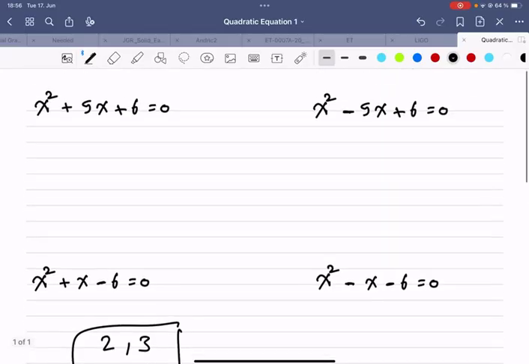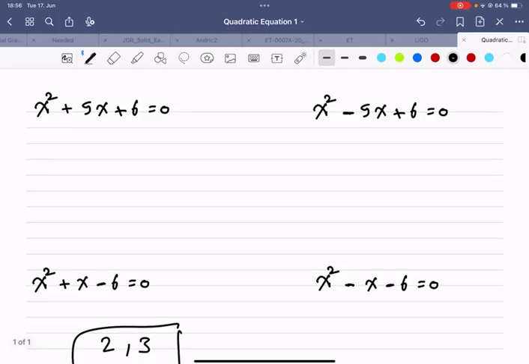So every one of these equations has two solutions. This depends on two things: the sign of the middle term and the sign of the free term, or last term. So let's start with the first equation.